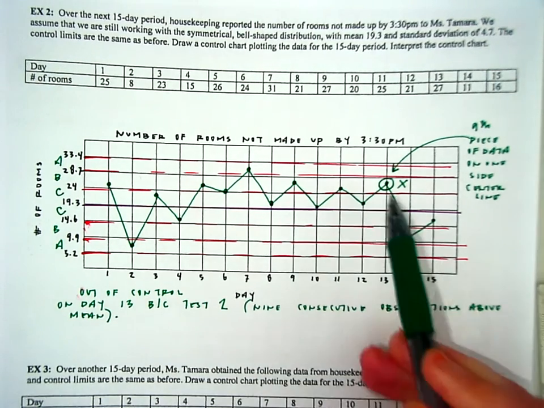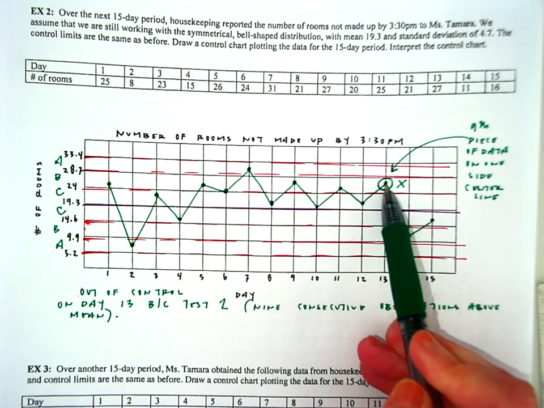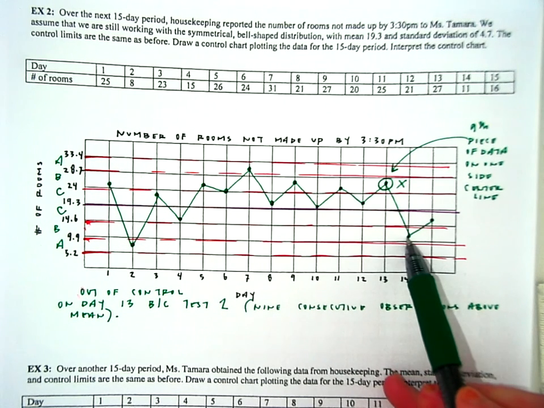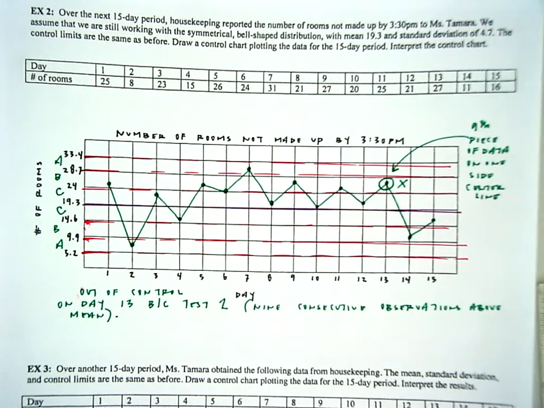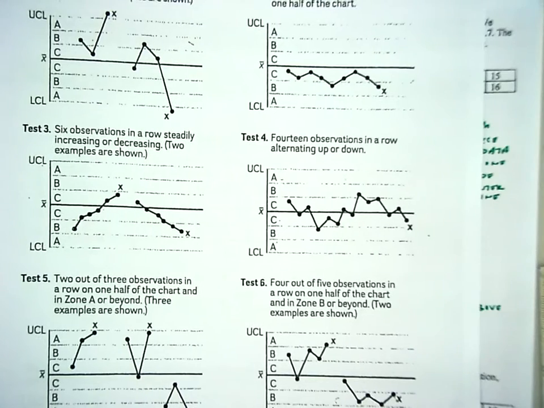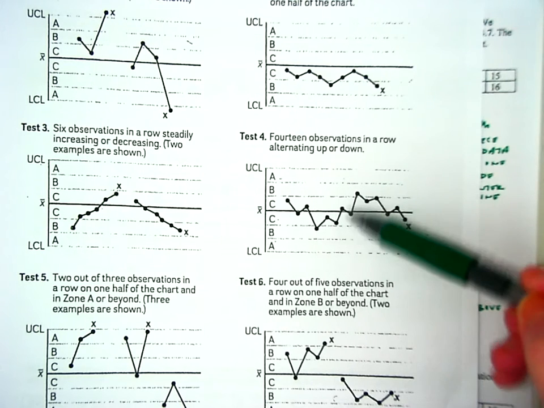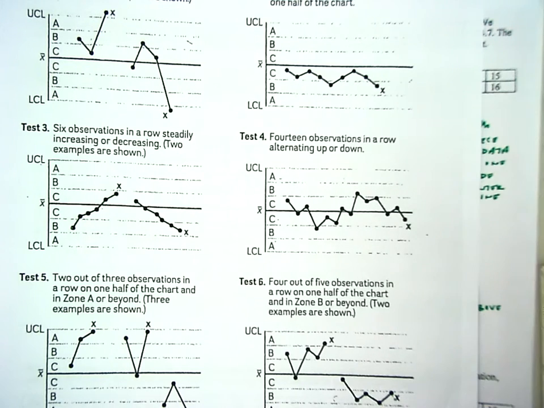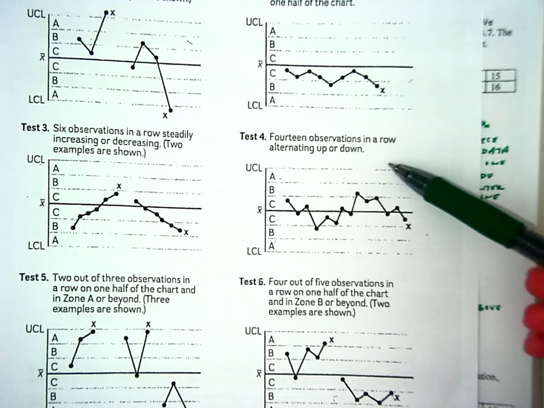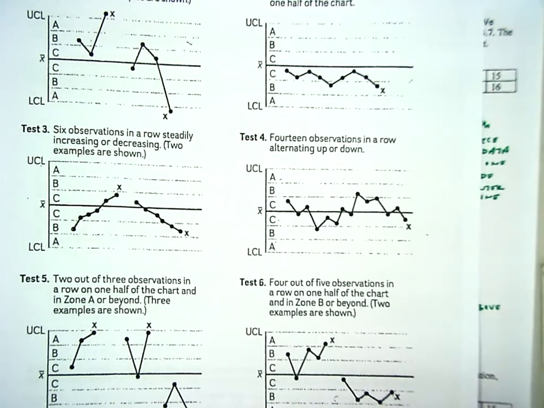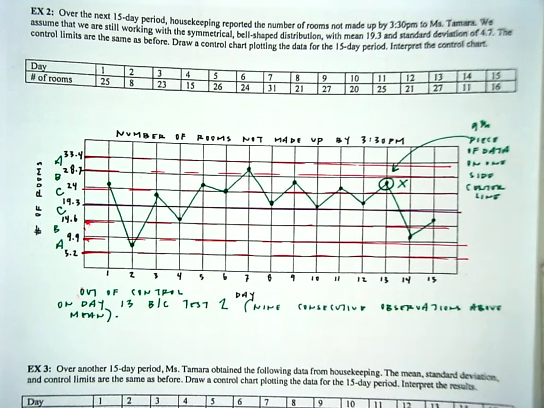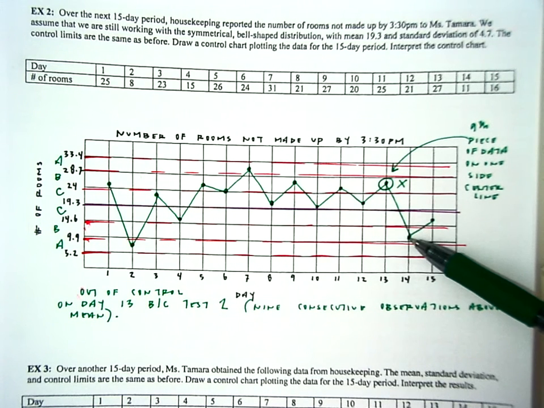So if we hadn't already pulled that red flag right here on day 13, it would have been pulled here on 14 as well. So here, that would have been test 4. So test 4 is saying something doesn't seem right because we're bouncing up and down and up and down and up and down, 14 observations in a row, alternating up and down. So if we hadn't seen that red flag, that out of control signal pulled on day 13, we would have hit it by day 14, but for a different reason.